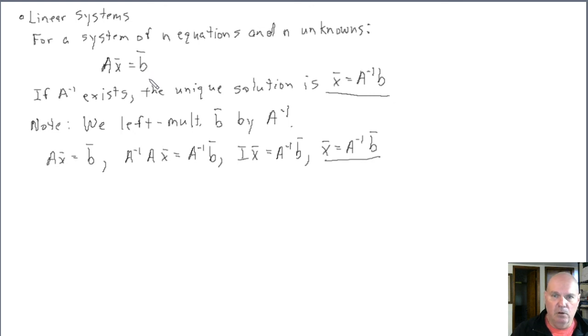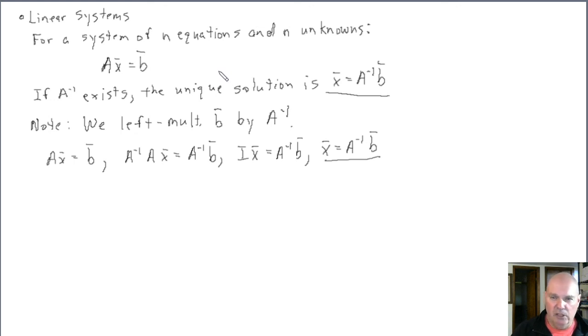So if you've got a case where the flow structure does not change, but the inputs and outputs, the constants, may change, then it may be worthwhile to find A inverse, so that if your constants change, you can quickly find a new solution without having to go through the complete process of reducing the augmented matrix AB to reduced row echelon form.